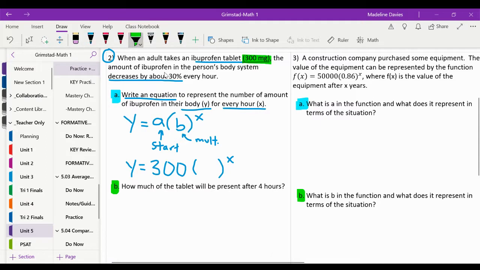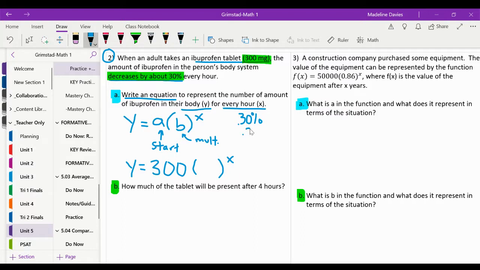Okay, hopefully you paused and you could see decreases by 30%. So we got to do a little bit of math here. So we have 30%, and we need to turn that into a decimal. Remember, we do that by moving the decimal over 2 spots to the left.